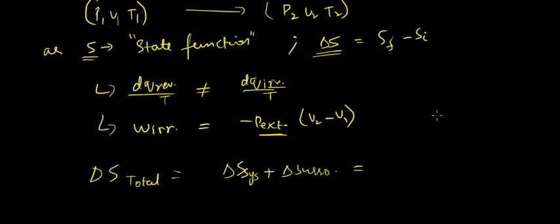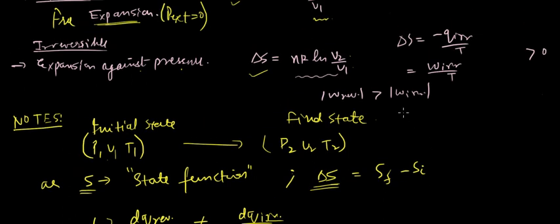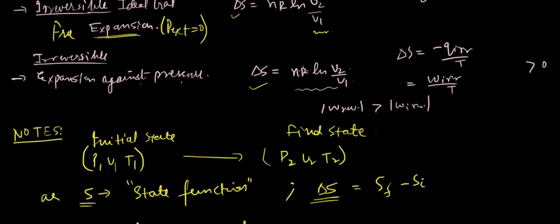Delta S system can be written as this, which is nothing but minus W reversible by T, with the negative sign, because W reversible is a negative quantity, as it is minus P dV, and dV is positive, hence W is a negative quantity.